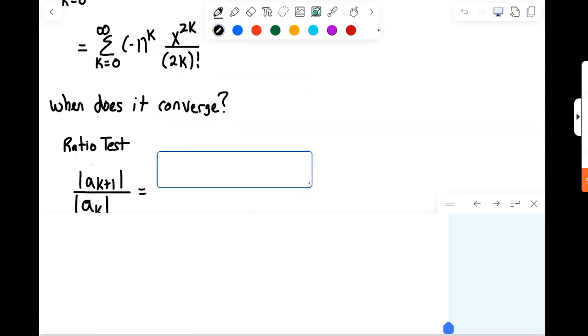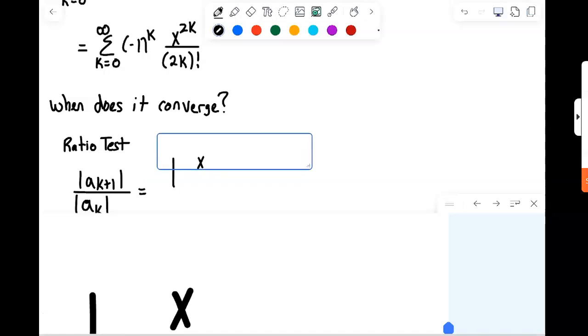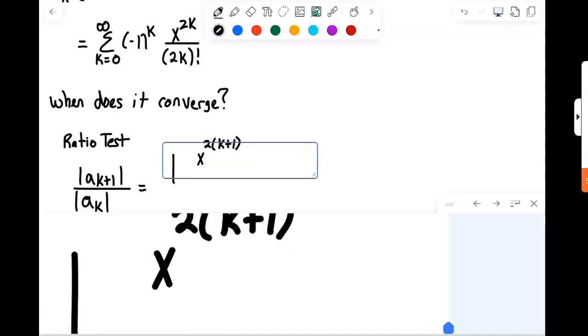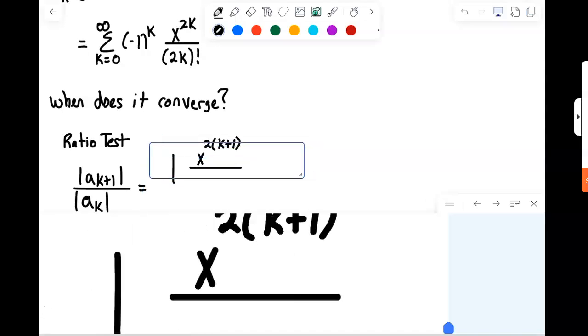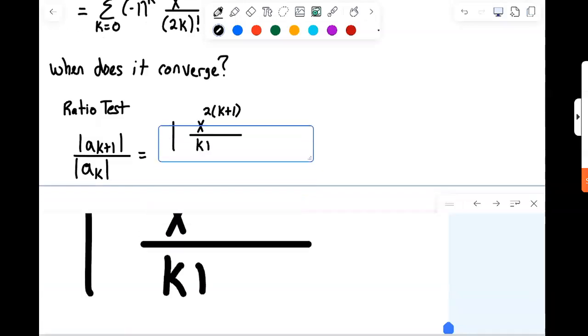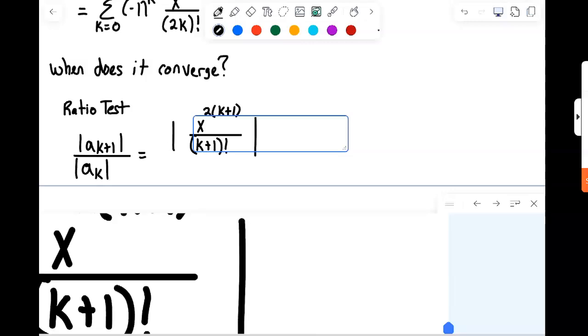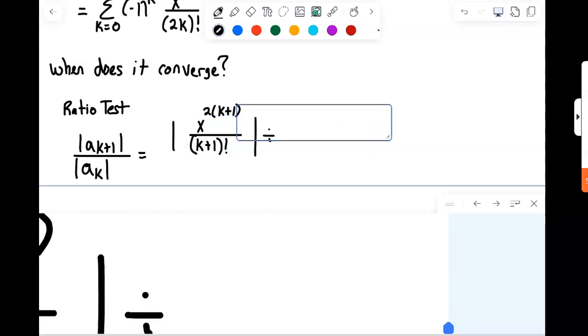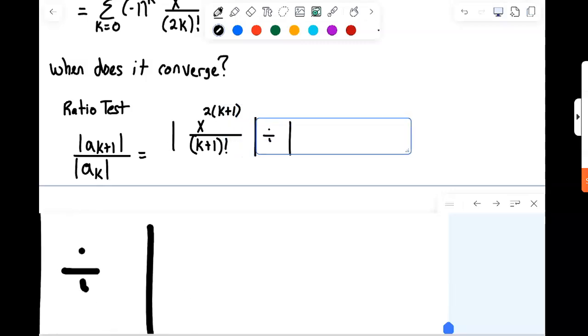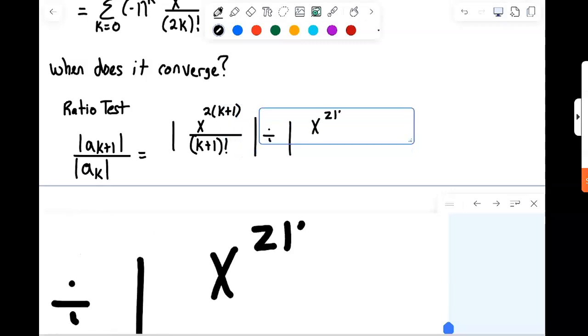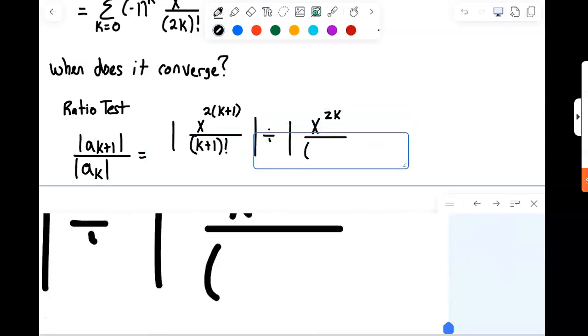So for k plus 1, we'd have the absolute value of x to the 2 times k plus 1, divided by k plus 1 factorial. And then that's going to be divided by the absolute value of x to the 2k, over the 2k factorial. I made a mistake in the denominator, I'll fix that in a moment.